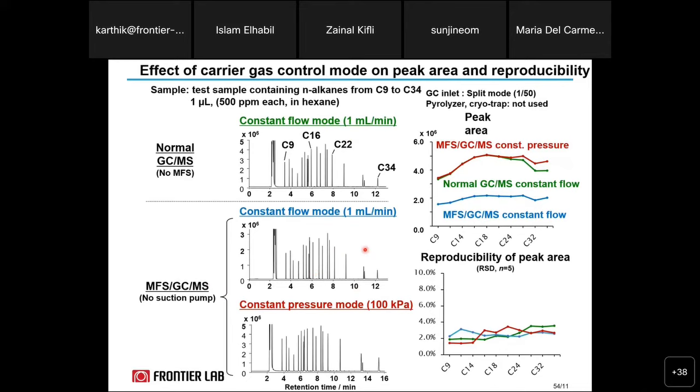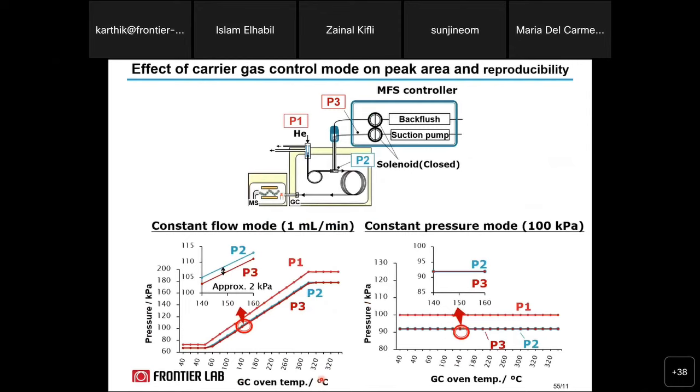Later I will explain what exactly it means. The point I want to highlight is that constant pressure mode is the recommended condition for operating this multifunctional splitless sampler.